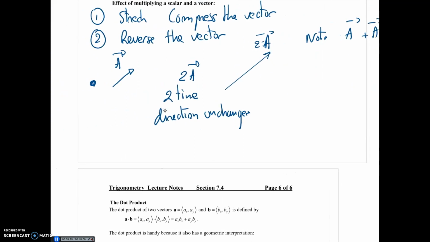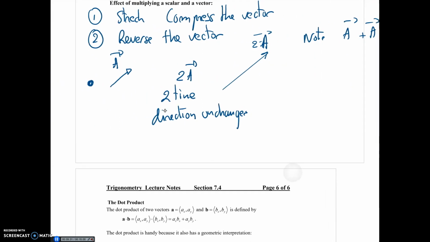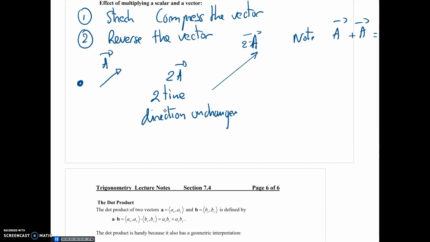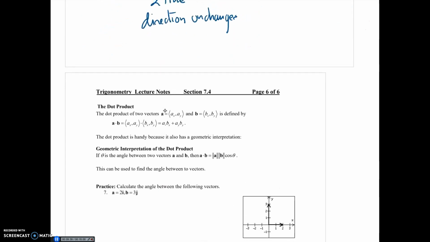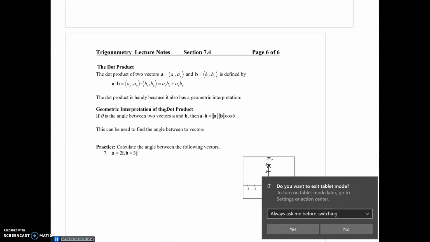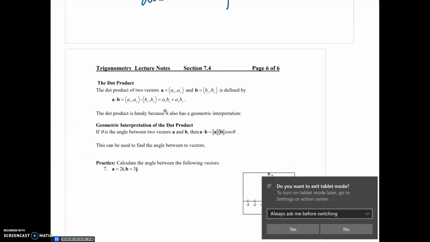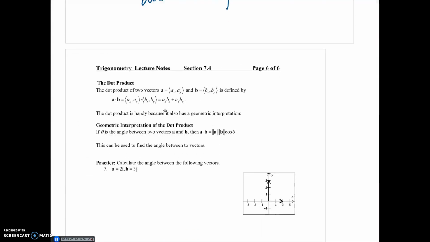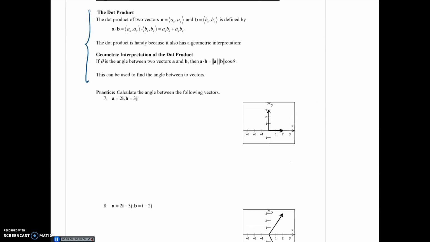So the dot product. Okay, the dot product. It's something that is very interesting, and let's talk about that now for a few seconds. So we are just going to apply that.